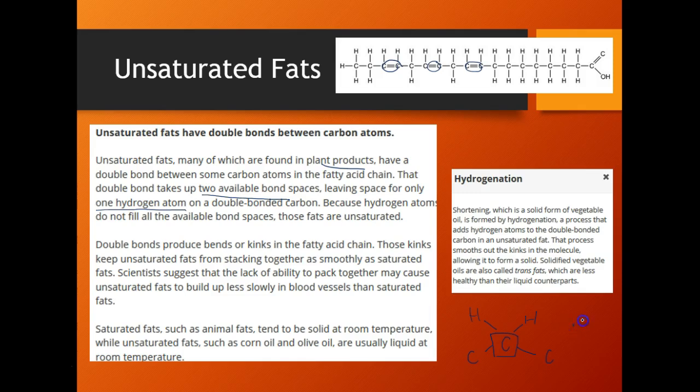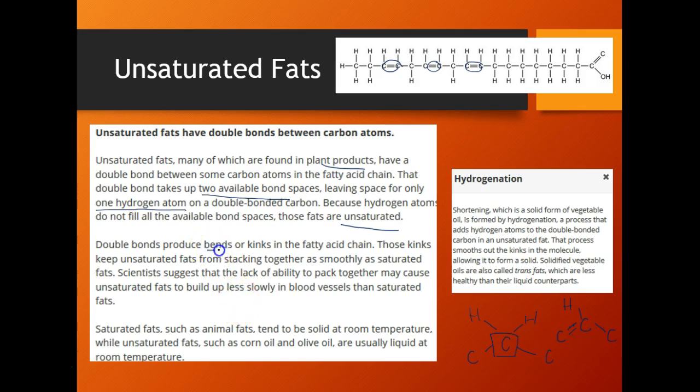So you could say that this carbon is double bonded to another one and then single bonded to another one. So we have 1, 2, 3 spaces already taken up. So there's only one hydrogen atom available in an unsaturated fat. Because hydrogen atoms do not fill all the available spaces, these fats are considered unsaturated.